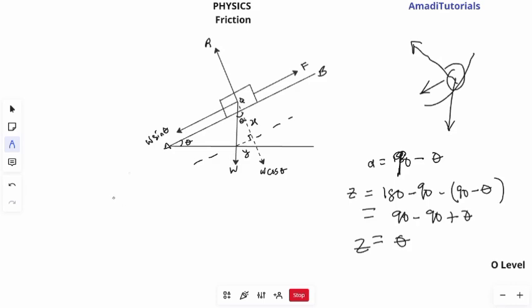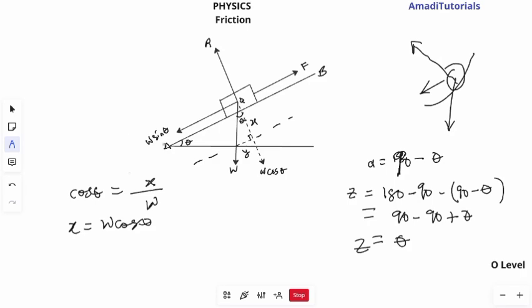So adjacent to hypotenuse, if you do cos theta, cos of this theta here, adjacent is X, hypotenuse is W. So that X will now be what? W cos theta. So this X, which represents the component of the weight that is parallel to the reaction force, is W cos theta. That's how we got this W cos theta.